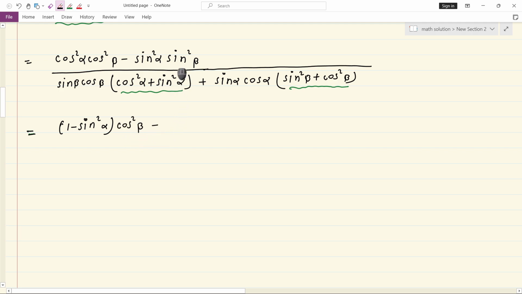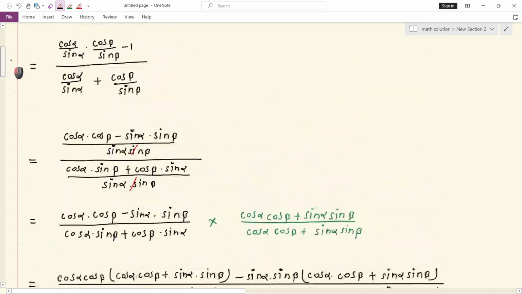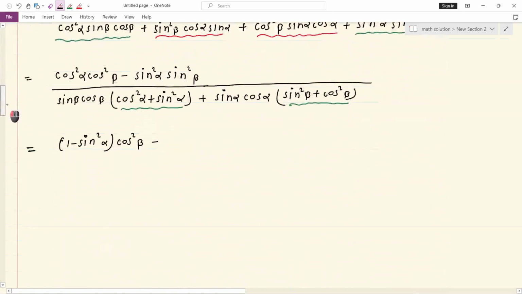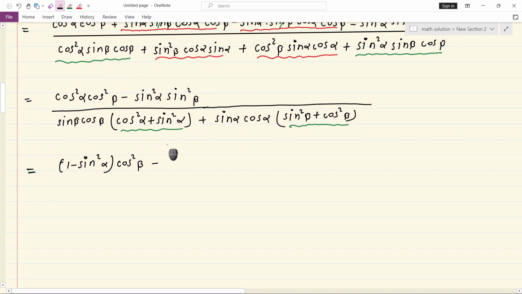Similarly, in the right hand side we will convert sin square beta into 1 minus cos square beta, because in the numerator we want to get sin square alpha. So just leave sin square alpha as it is, and change sin square beta into 1 minus cos square beta.